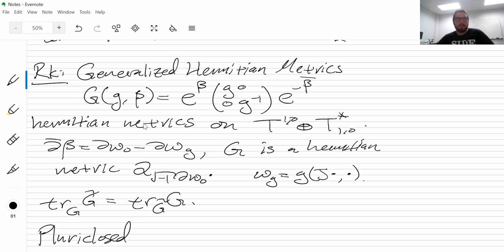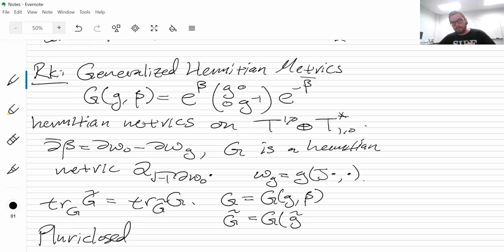So G would be G beta, and G tilde could be something like some background pluriclosed metric with no B field transformation. Then you can trace it either way.